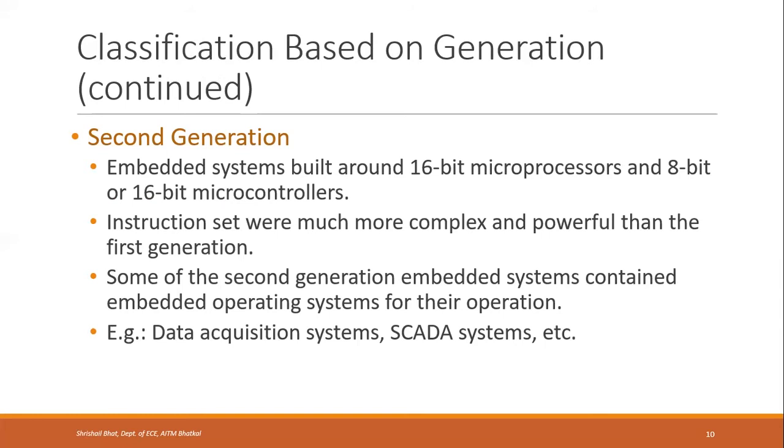Whereas in second generation, some of them included an embedded operating system. Normally the examples of second generation embedded systems are data acquisition systems or SCADA systems. SCADA stands for supervisory control and data acquisition, which are used in control systems in industrial applications.